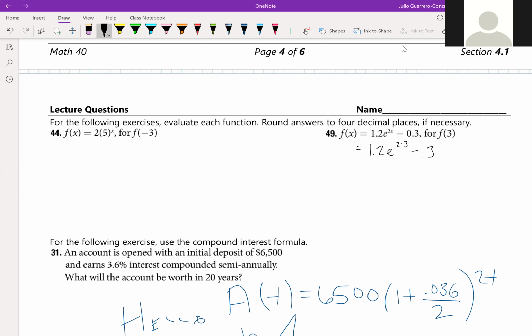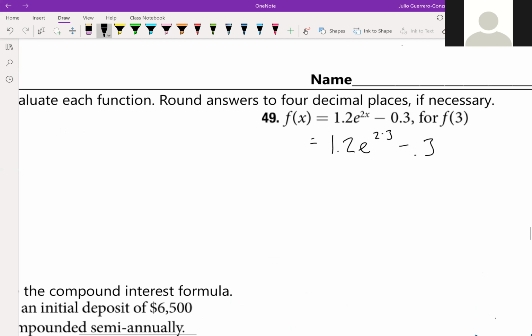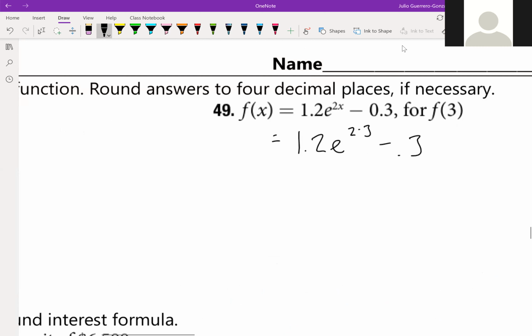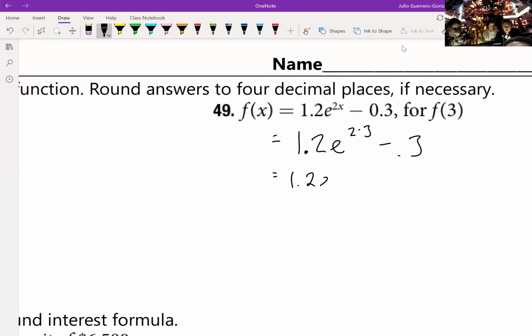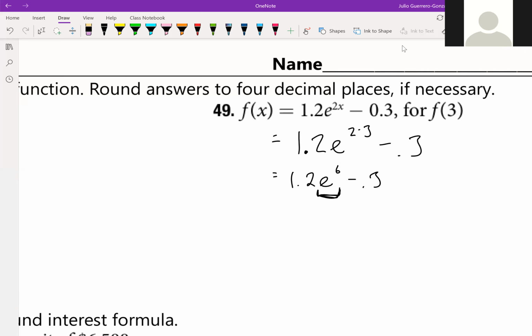Actually, I'm okay. So 2 times 3 is 6. Right. So this might still be a problem for how you plug it in. So let me go to a calculator.